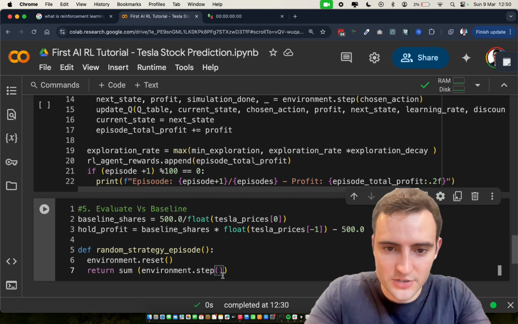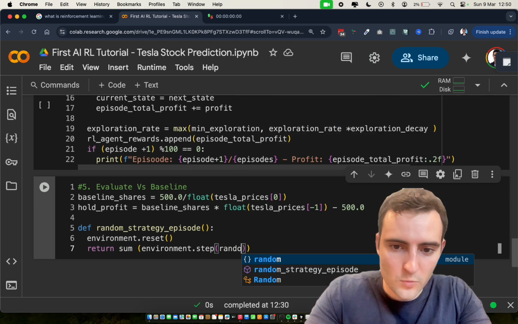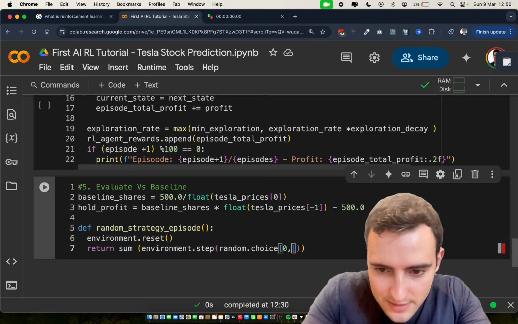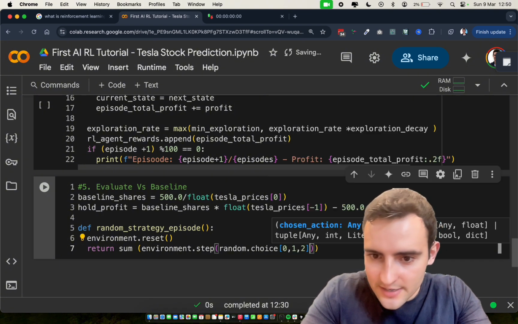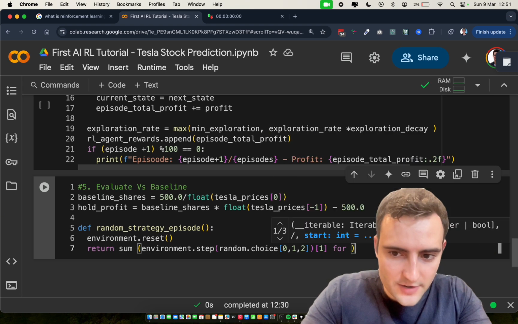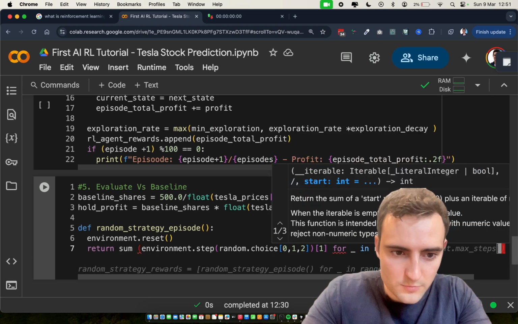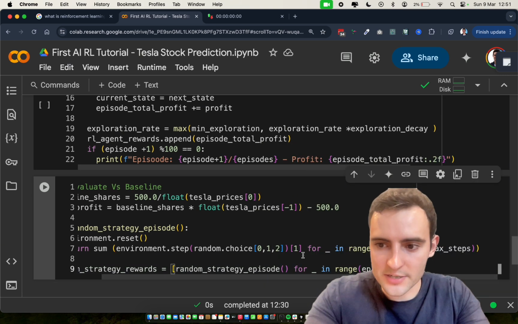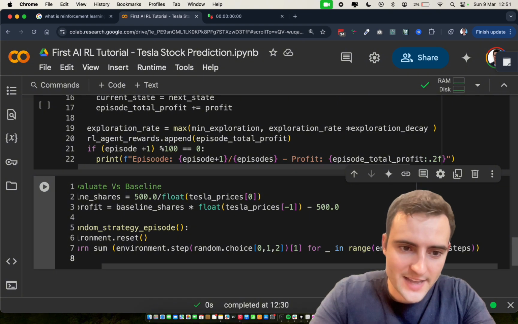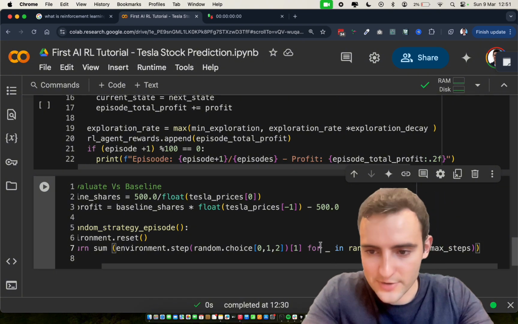So I do random.choice between 0, 1, and 2, right? And then I'm just going to take the first index here, for underscore in range environment.max_steps, right? And so all this did is saying, hey, instead of learning every time from our environment, let's just pick randomly.